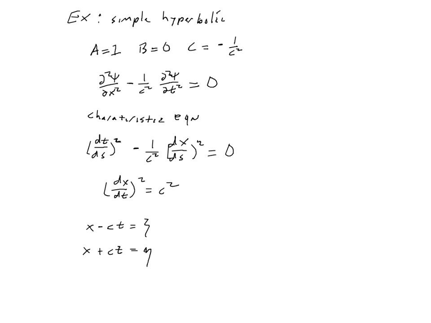They're both solutions to this characteristic equation. And if you graph it, with x on this axis and t on this axis, then you have either this constant zeta or this constant eta.